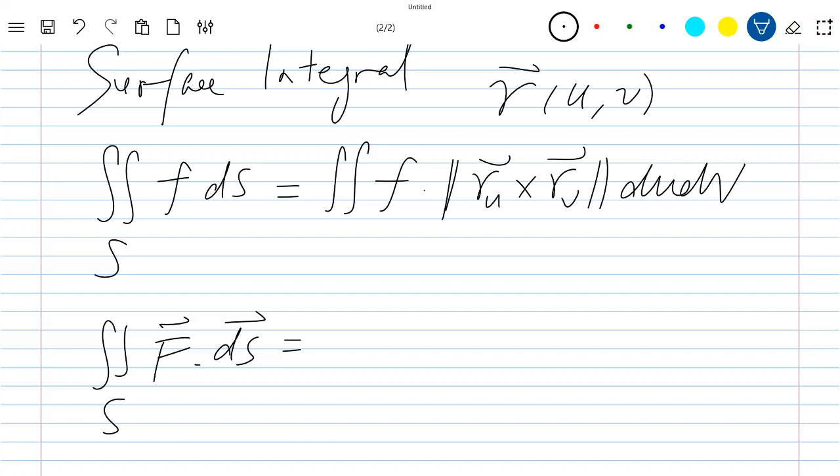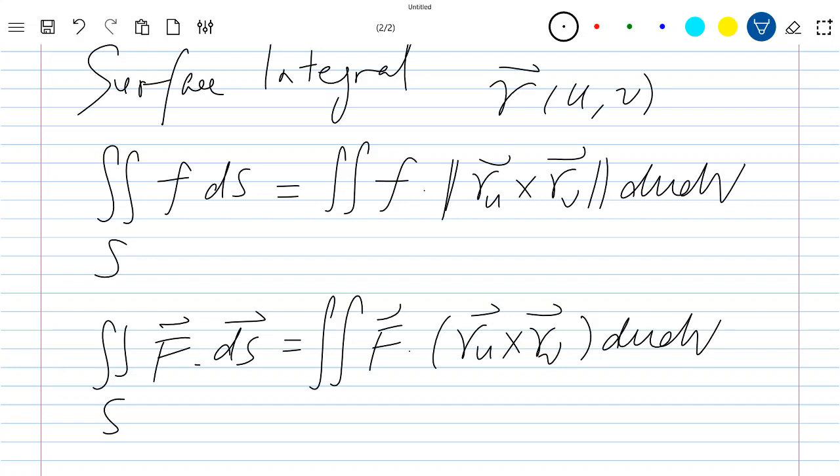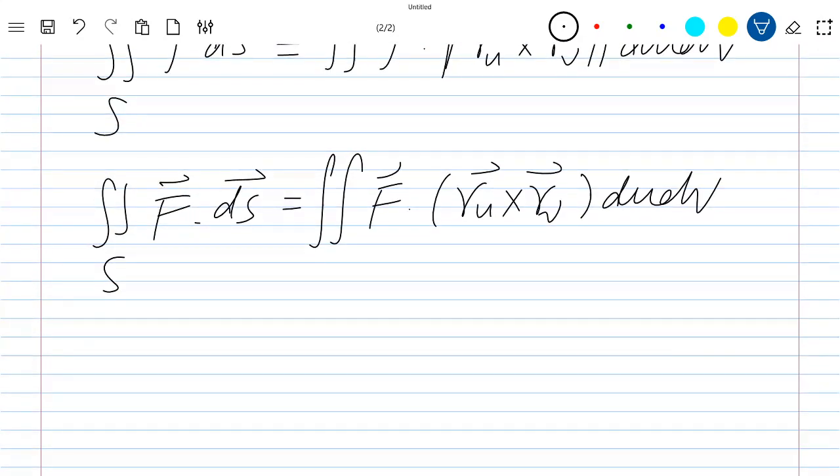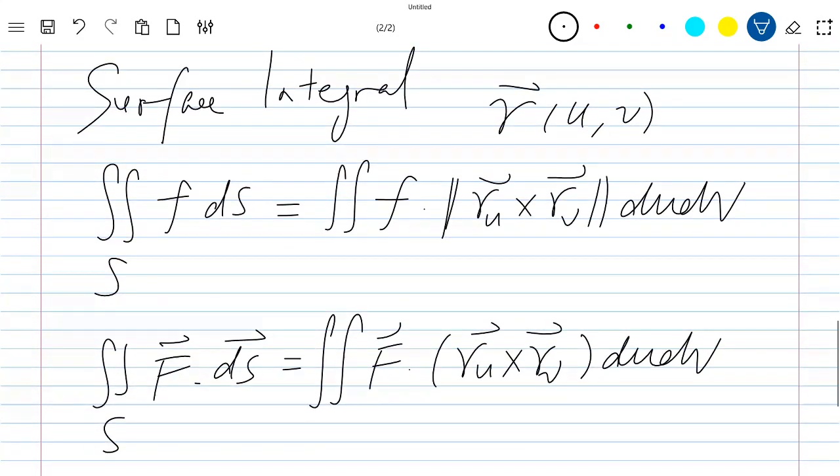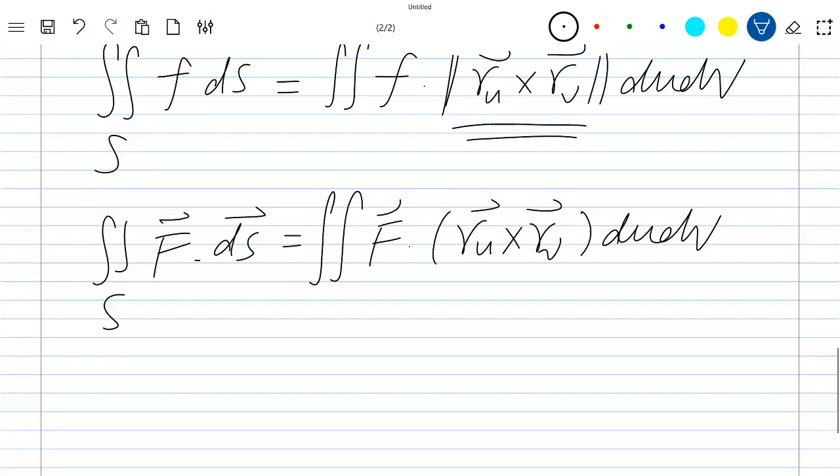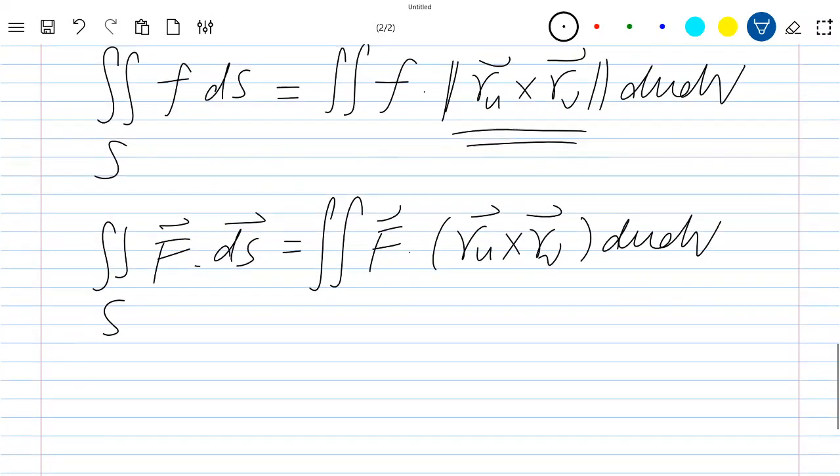And this is f dot that cross product du dv. Okay, so in principle it can be done in this way, but if you have a very complicated function of u and v, then this cross product would be hard to compute, and then you have to take a norm, right? Make it even harder.